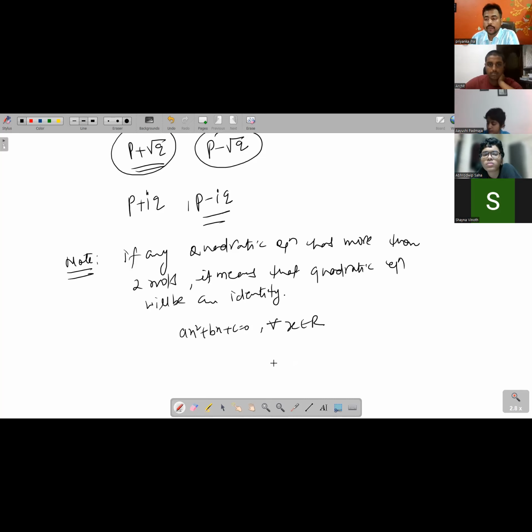It means that this is not a quadratic equation, this is an identity. And if any equation is an identity, it means that all coefficients of all powers of x, including the constant, will be 0. So a will be 0, b will be 0, c will be 0. Only in that case it will be satisfied for all values of x. I'll prove this as well, don't worry, later on. Just for the point, I noted here.